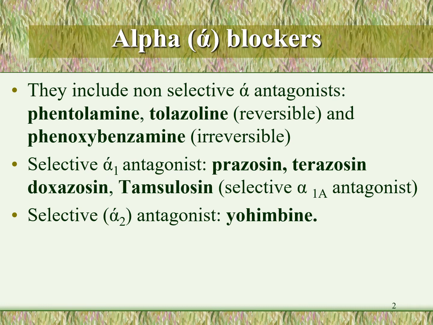So yohimbine can inhibit the negative feedback mechanism of adrenergic transmission, resulting in increased adrenergic or sympathetic outflow. Yohimbine is considered an aphrodisiac drug. Aphrodisiac means a drug that can stimulate sexual desire.